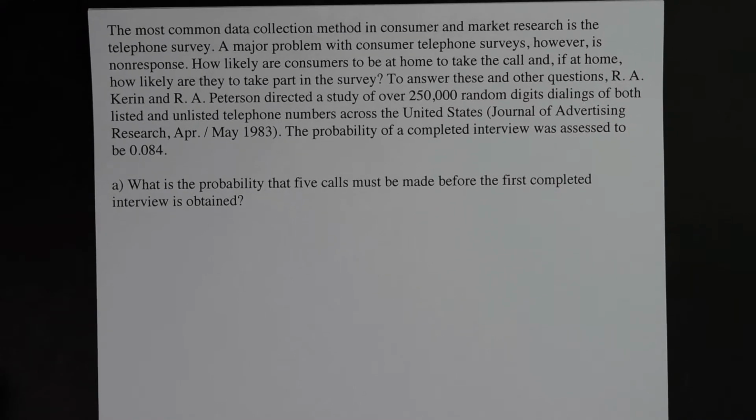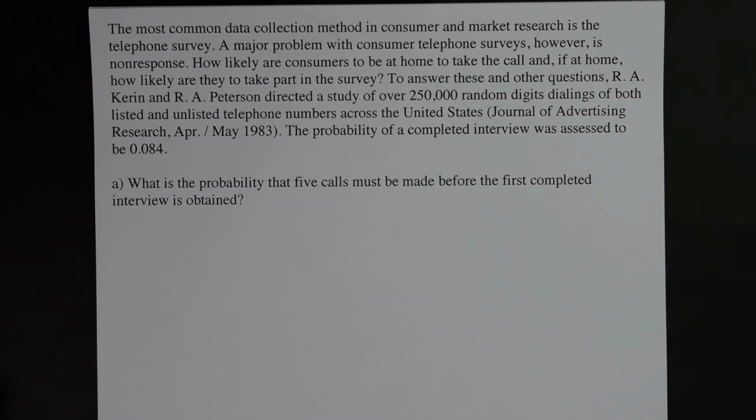Also be aware that the equation for a geometric distribution is not provided on the exam, but has a very similar structure to a binomial distribution. If you're curious how that's possible, feel free to watch the first video in this series, where I do explain how that comes about.